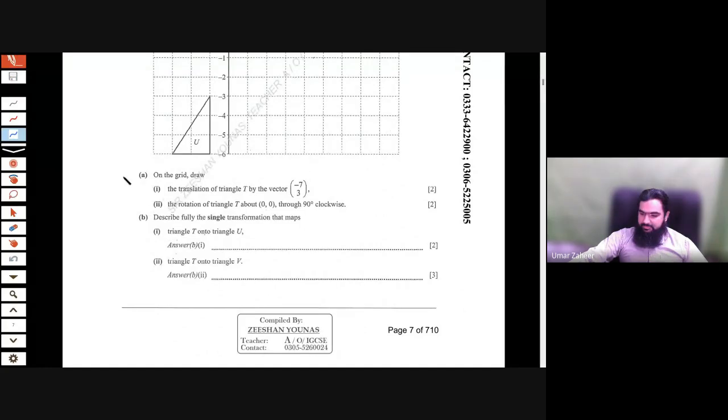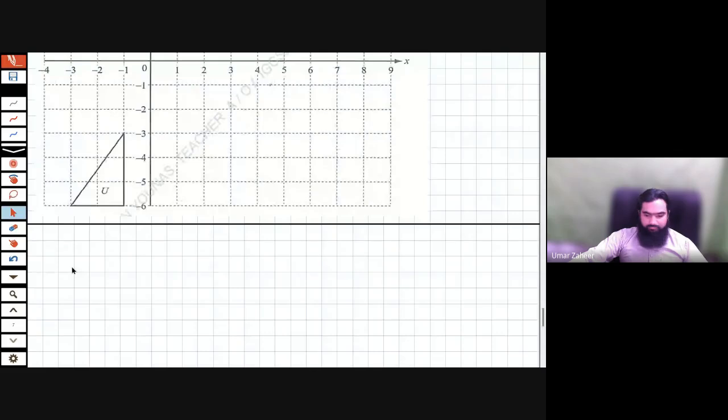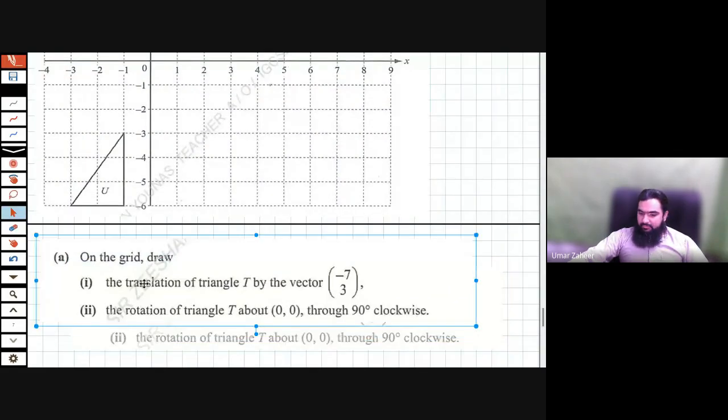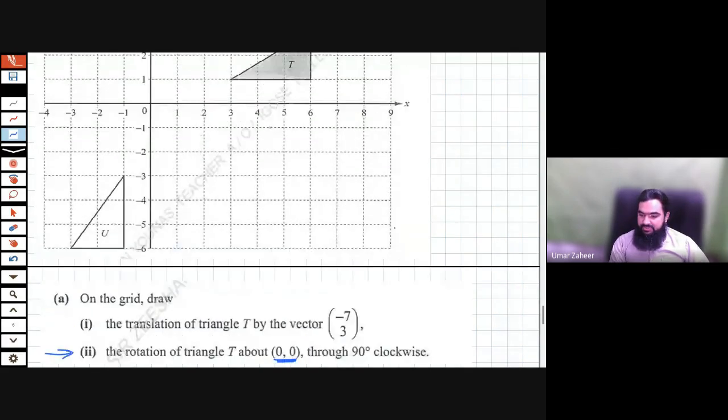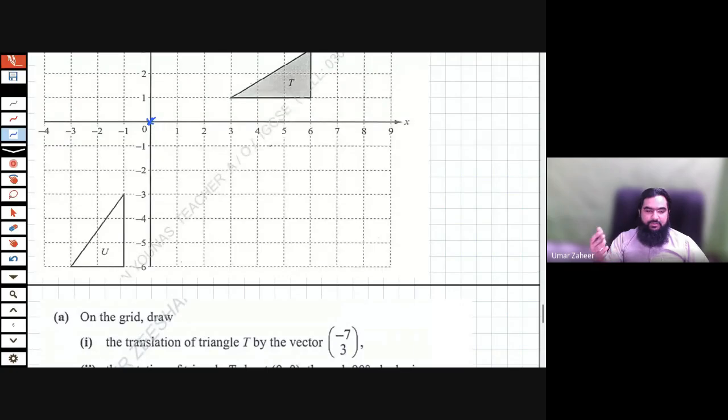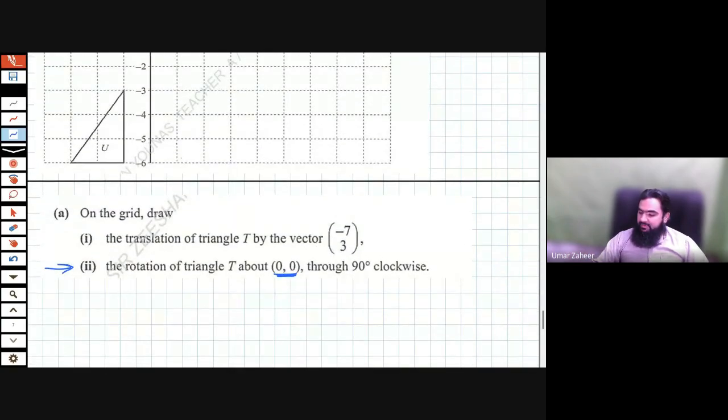Okay, let's do the first part as well. I'm going to focus on this point. He says that you have to do the rotation about (0, 0). So the center of rotation is (0, 0). In this case it is (0, 0), but it can be any point, like (2, 3) or (5, 3). He says that you have to do the 90-degree clockwise rotation.